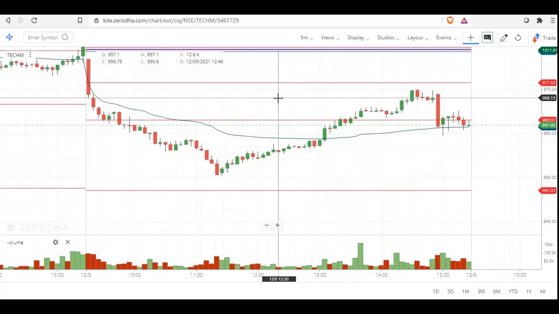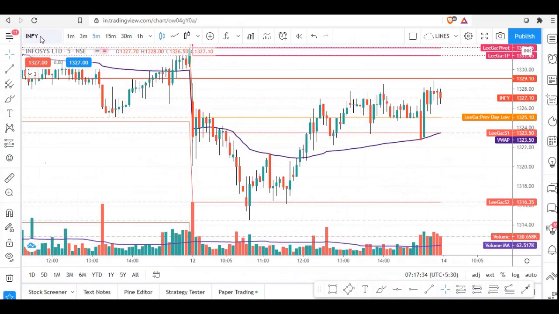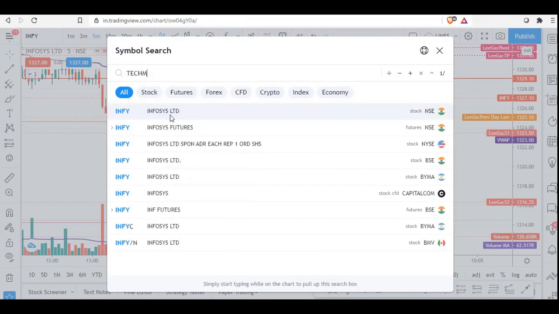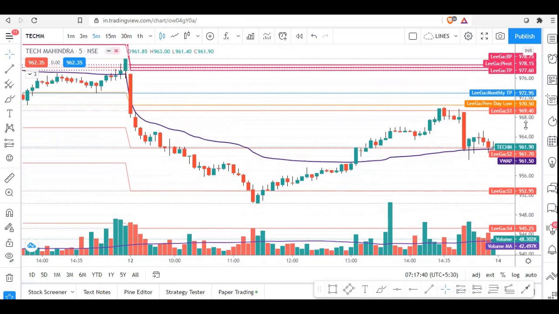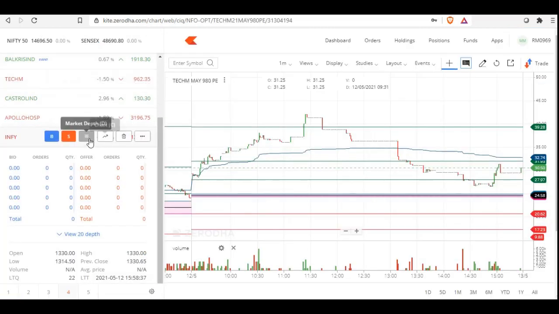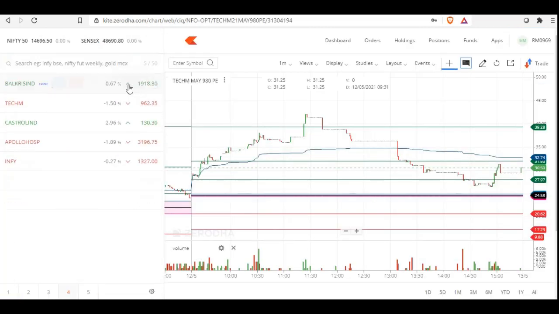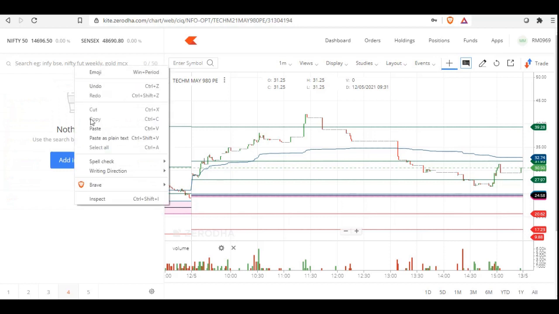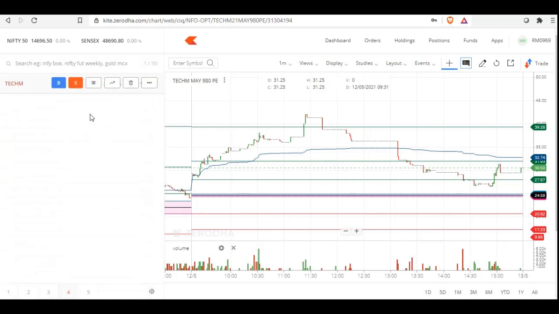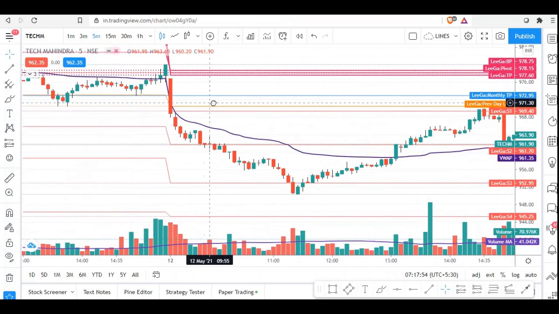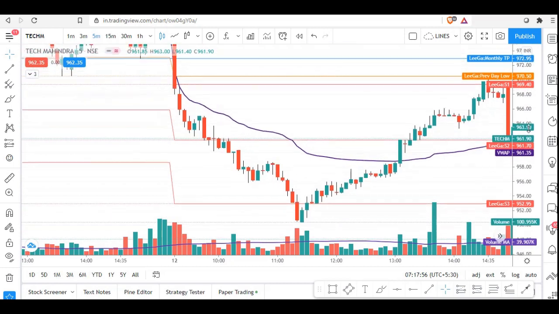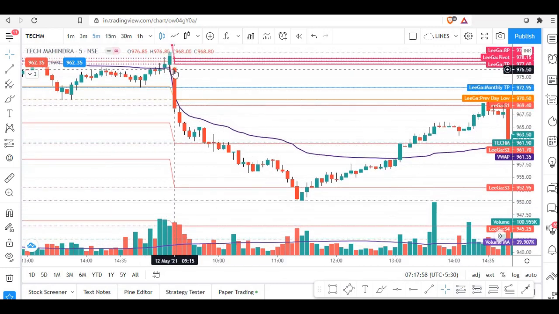Then Tech Mahindra. Yes, Tech Mahindra is perfect. Open is equal to high. Yes, we can check here also. Open is equal to high. Go for short. Then here we can take entry. That's the point, open is equal to high.